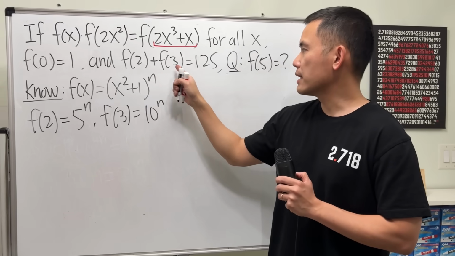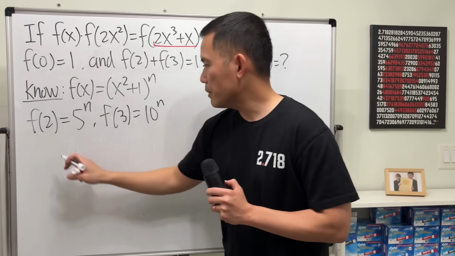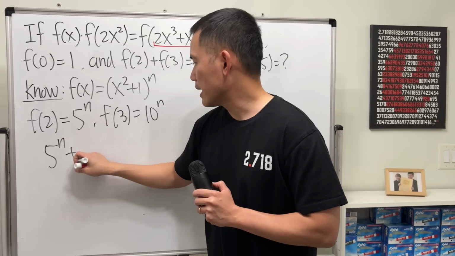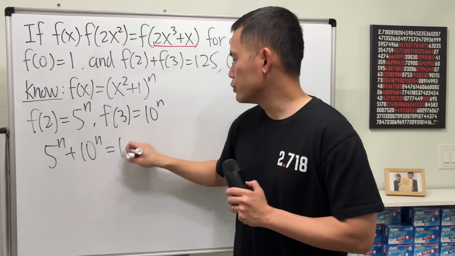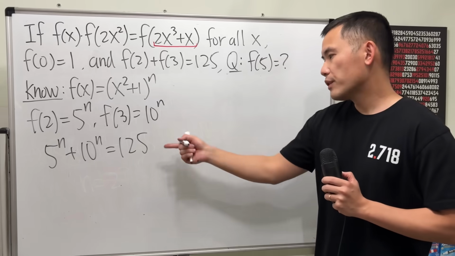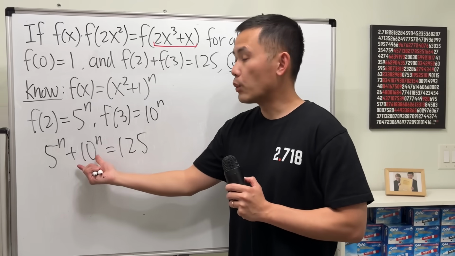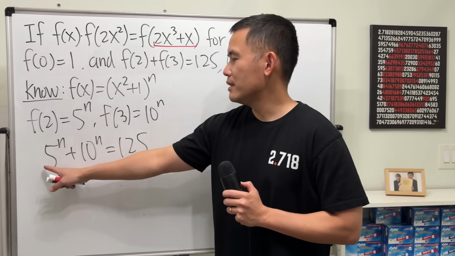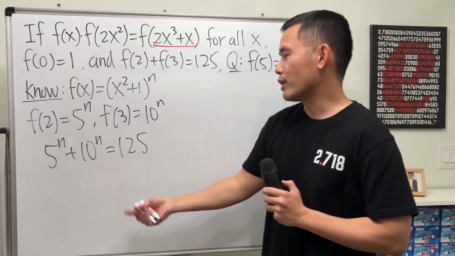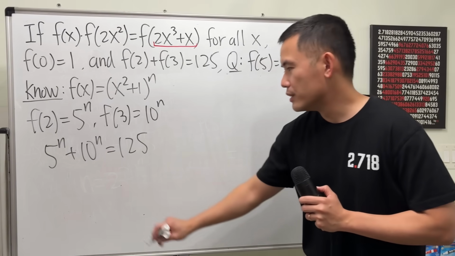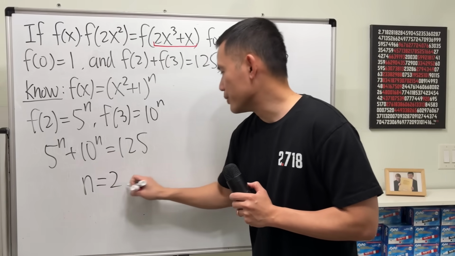So when we have this plus that is equal to 125, that means 5 to the n plus 10 to the n is equal to 125. And for this equation, it's not so bad, because if n is equal to 2, we get 25 plus 100, and that happens to be 125. It matches perfectly. So n is equal to 2.